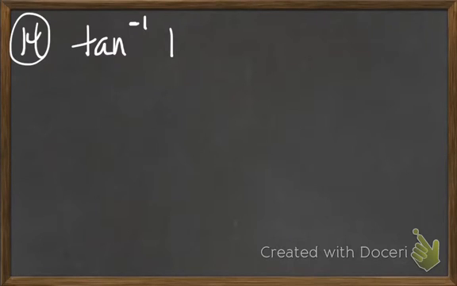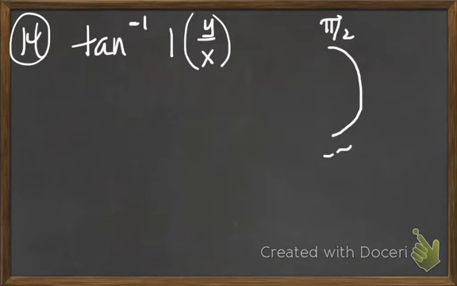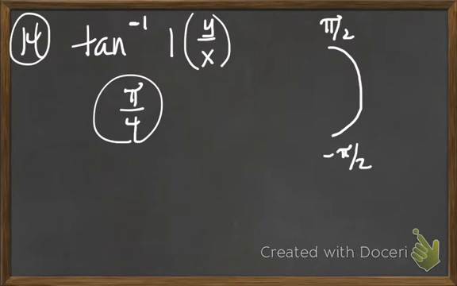Inverse tan means what angle has a tangent value of 1. So you're thinking of y divided by x here, and tangent goes from positive pi over 2 to negative pi over 2. Pi over 4, he is correct. And once you get this, these are simple, but you have to understand what the symbols are asking you for.